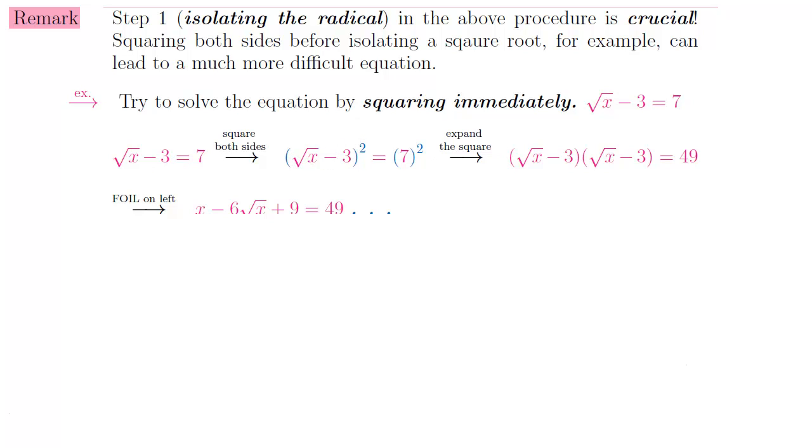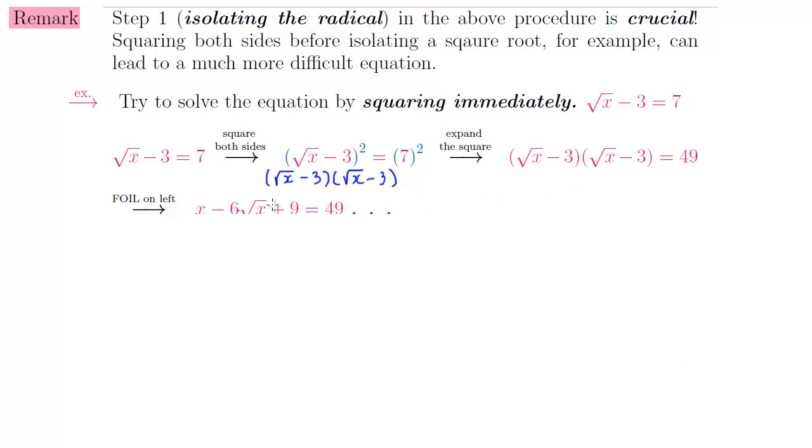The way that you square root x minus 3 is actually by FOILing. You take root x minus 3 times root x minus 3. So if you just start this equation without thinking very much and you square both sides, you'll end up here, at which point you have to FOIL.